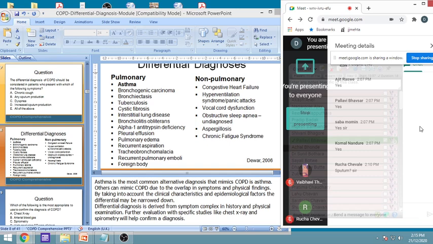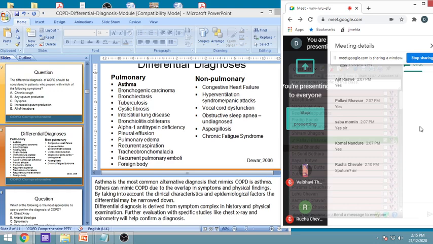So these were all non-pulmonary reasons. Then for pulmonary, there can be many other reasons. For example, asthma is very prominent, which is in most of the people. Apart from that, it can be bronchogenic carcinoma, that is cancers related to bronchi or nearby tissues.